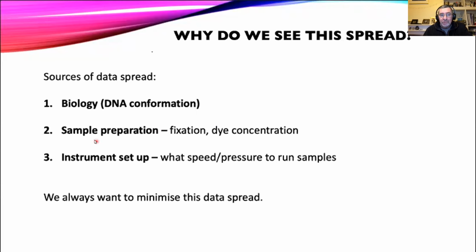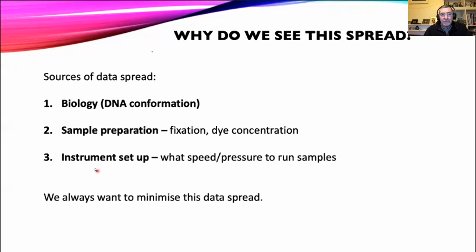We're going to introduce variation by what we do to our cells. I said that we're going to have to fix or permeabilize our cells to look at their DNA content. That fixation and permeabilization can introduce some variability, as can our dyes. So just as we titrate our antibodies, we also need to think about titrating our DNA binding dyes.